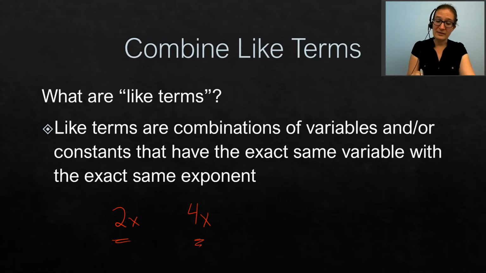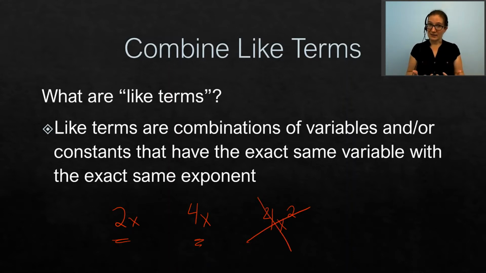But if I have something that looks like 4x squared, this is not a like term because it doesn't have the same exponent as the first two x's. So that's what we're looking for when we're talking about like terms. They must have the same letter and they must have the exact same exponent.